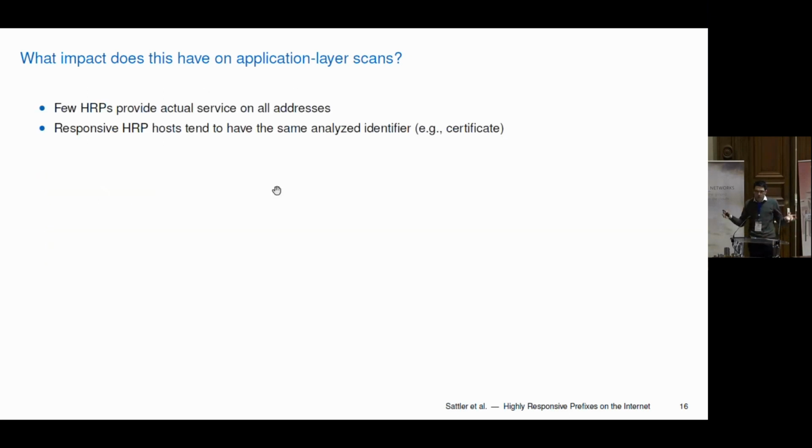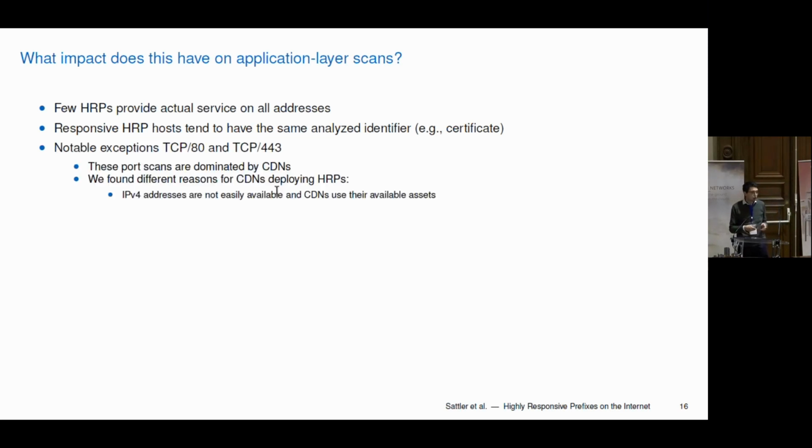So in conclusion, what impact does this have on application layer scans? Few HRPs provide actual service on all addresses, as we just saw, and if they provide service, they often tend also to have the same identifier. Notable exceptions here are TCP/80 and 443, but these ports are also dominated by CDNs, and CDNs have a number of reasons for deploying HRPs.